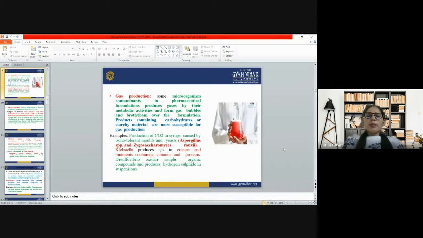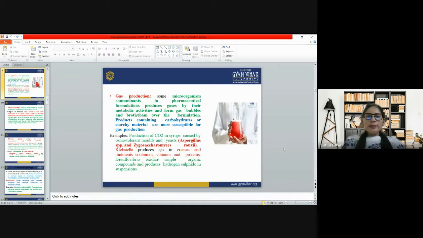Now, when we talk about gas production, some microorganisms contained in the pharmaceutical formulation produce gas by their metabolic activity, and gas bubbles form over the formulations. Products containing carbohydrates or starchy material are more susceptible to gas production.